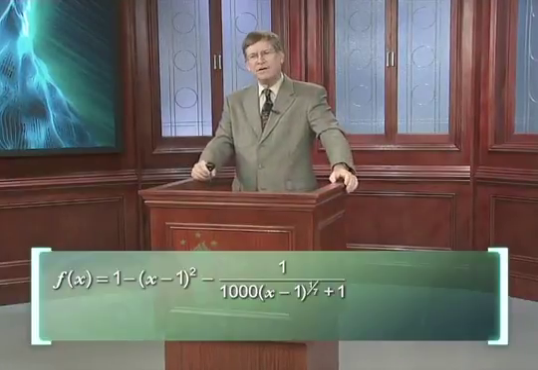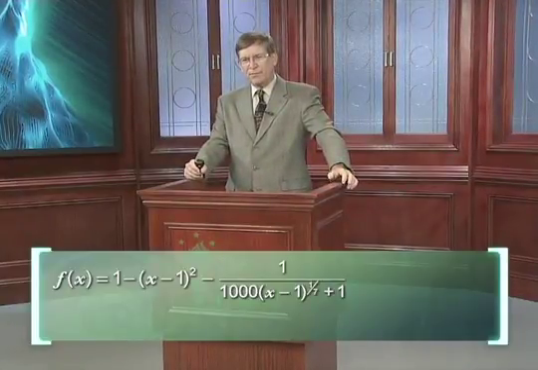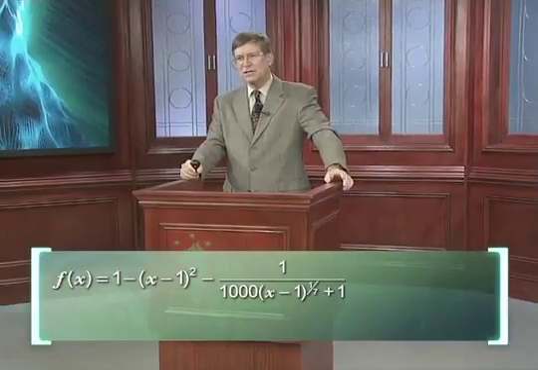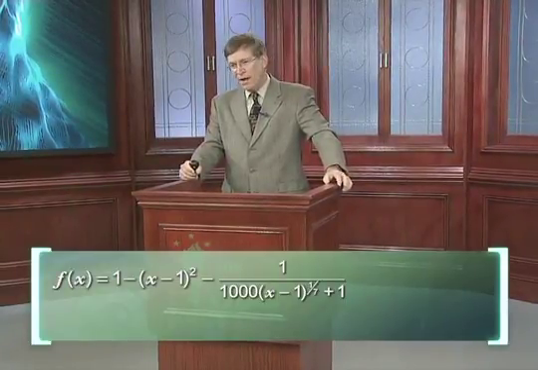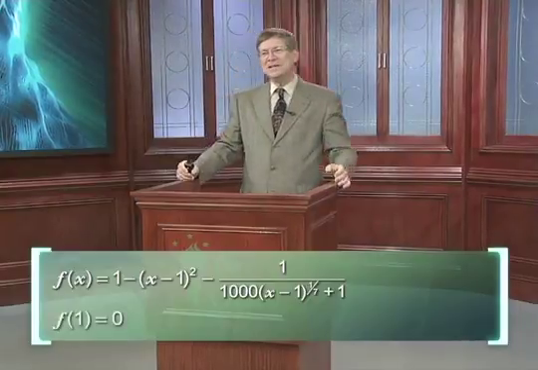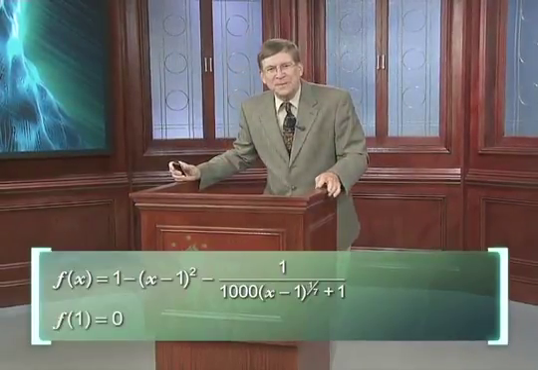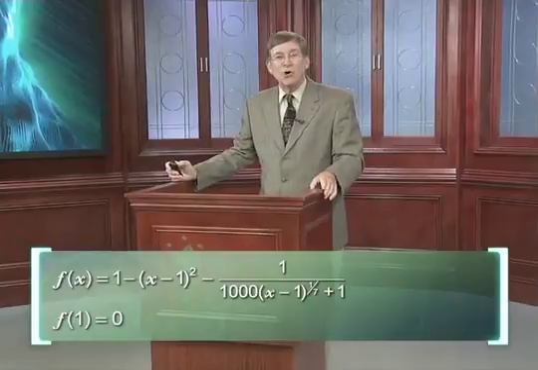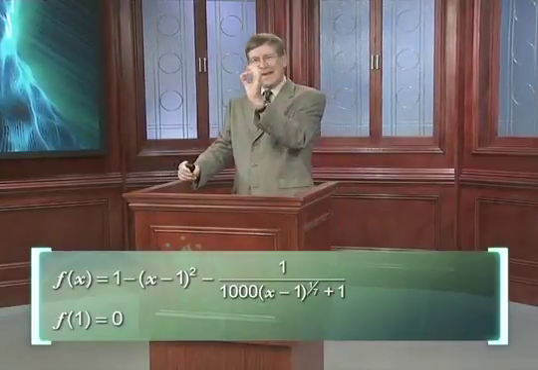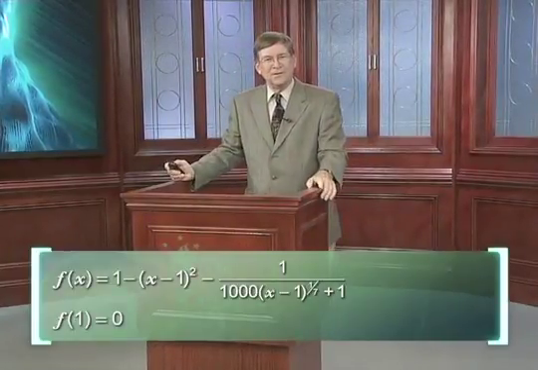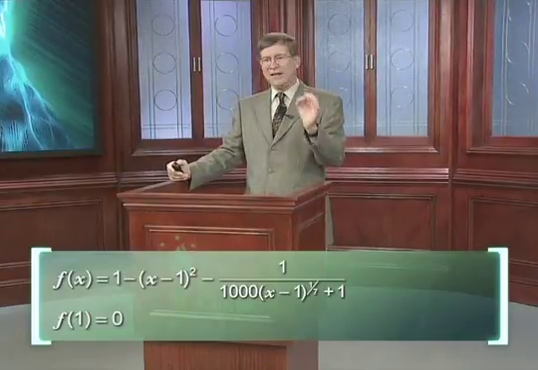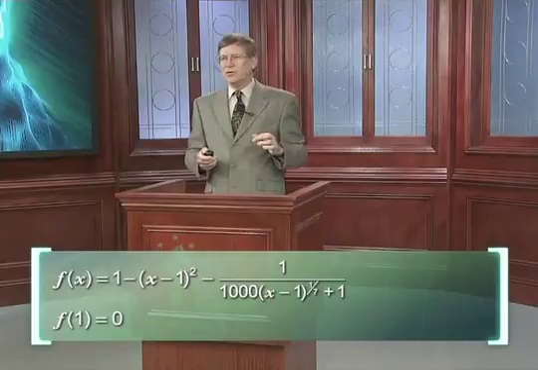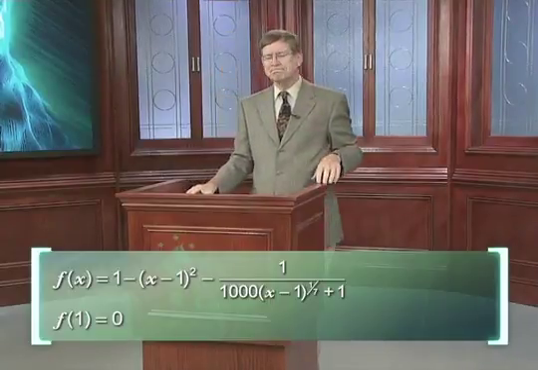What is f of 1? I'll step through it. It's 1 minus 0 minus 1 over 1. So f of 1 is 0. So the calculator gave a wrong answer. And visually, that's not what's really happening with this function. So you can be fooled by looking just at the calculator. We would need calculus to really solve this problem.